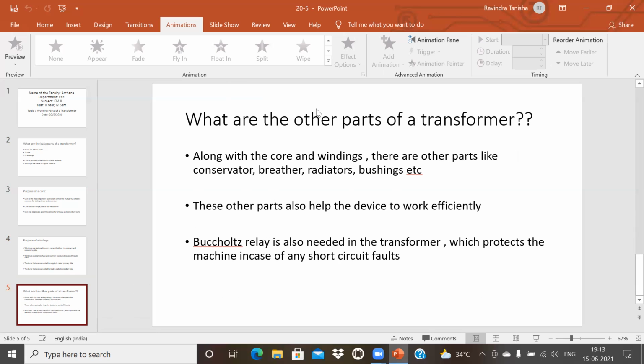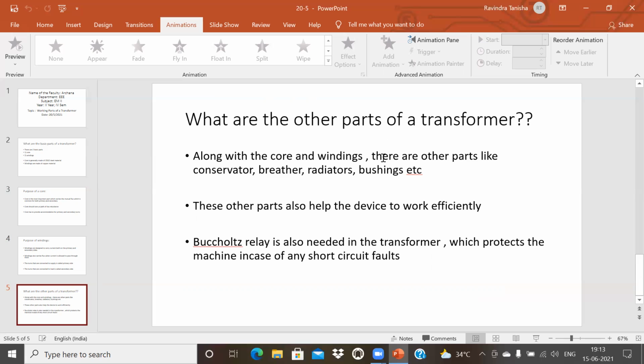It's not only the core part and winding part. Apart from this, there are many other important parts associated with the construction of the transformer.